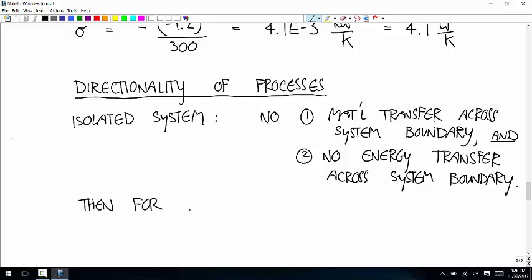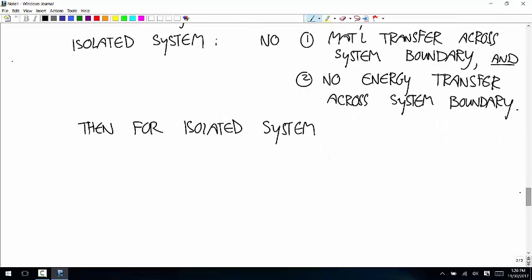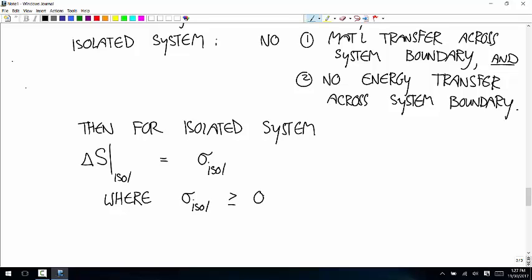Then for an isolated system, the change in entropy, this is the notation that they use in the book, is equal to the produced entropy for the isolated system, where sigma isolated is greater than or equal to 0.